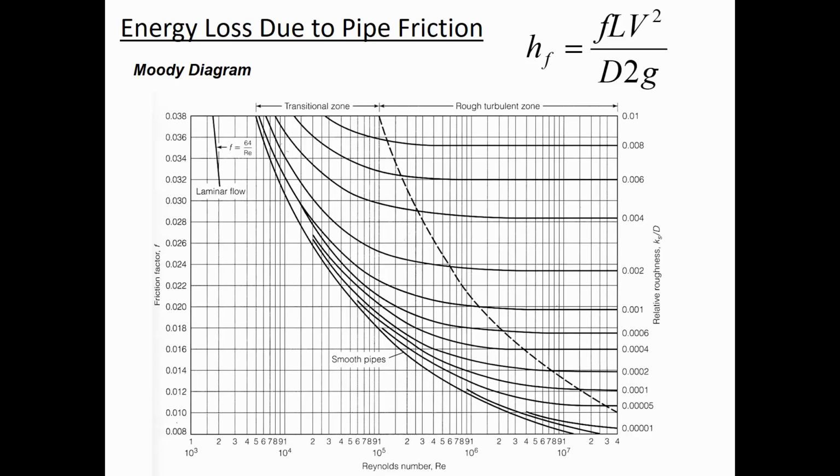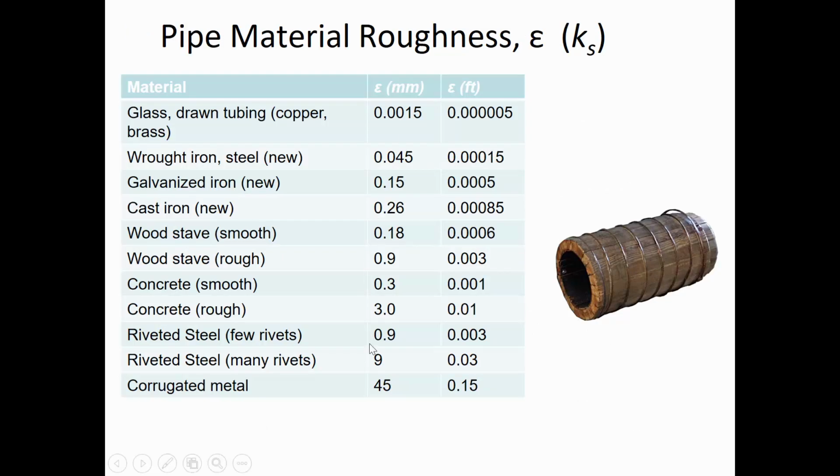So the Hazen-Williams equation has some built-in inaccuracies because the C values don't respond to changing flow conditions. The Darcy-Weisbach equation is a little more powerful and accurate because the friction factor f does take changing flow conditions into account. You start off by asking yourself, what is the pipe material?